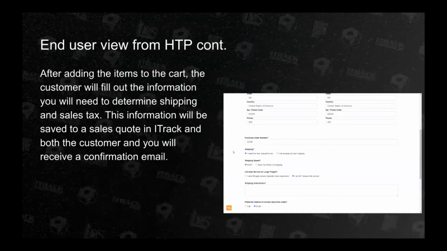From there, they'll enter information for shipping and their billing information, and answer a few questions that are common to shipping items. Particularly, a lot of it's more focused on LTL shipping. At least those questions are, because that's what you're going to need to know. If it's smaller items, you don't necessarily need to know those things, so the end user doesn't have to answer them then.